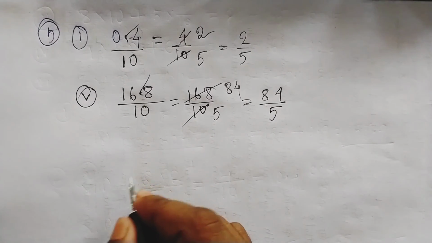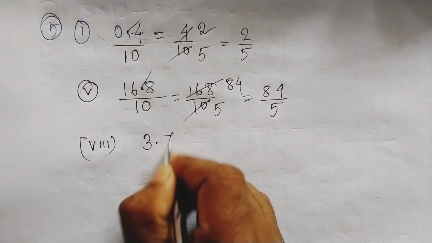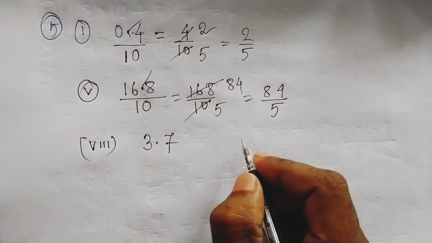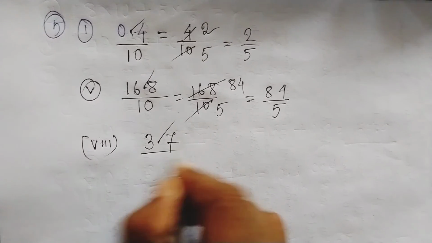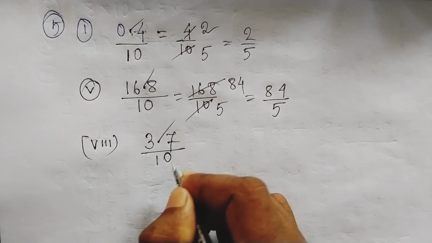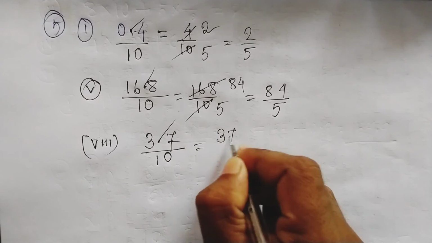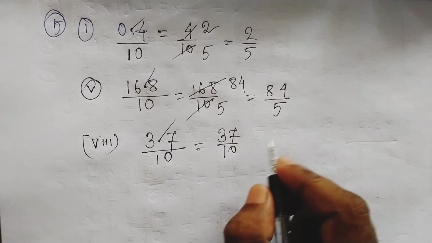Next, try to solve another question. Question number 8. Here is 3.7. So simply remove the point from here. If we remove the point, then we get 1 for the point, and after the point only 1 digit. So here is only 10. So this is 37 by 10, and it can't be simplified by any other number.